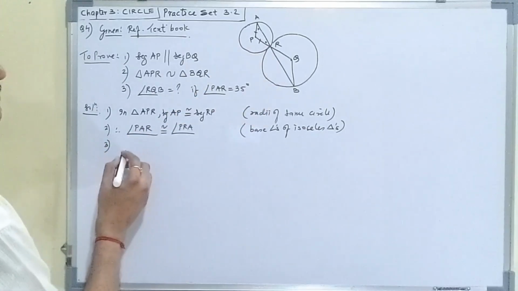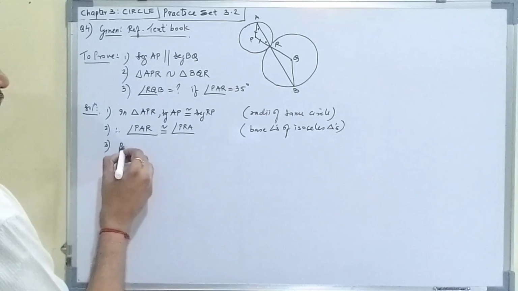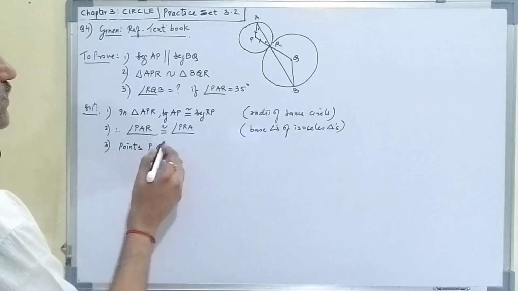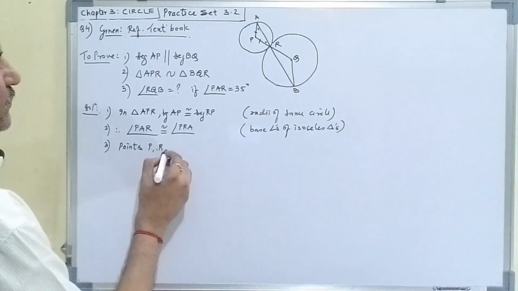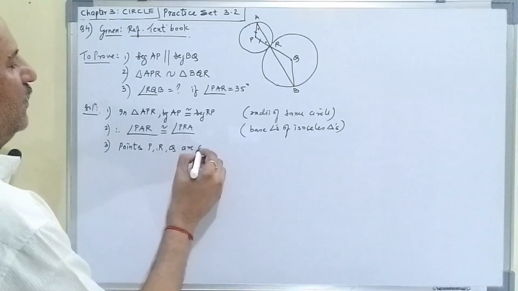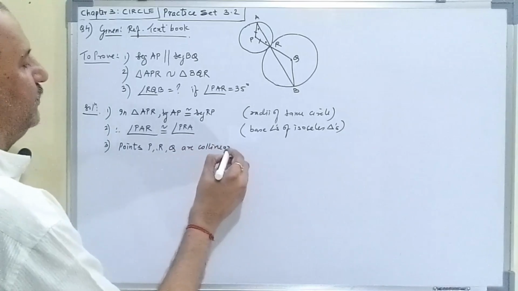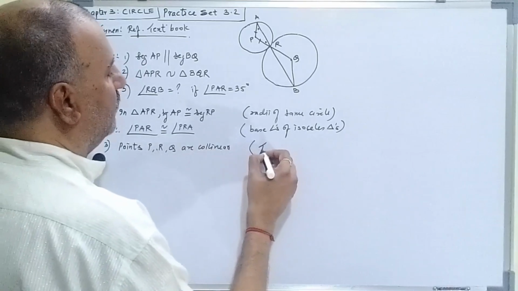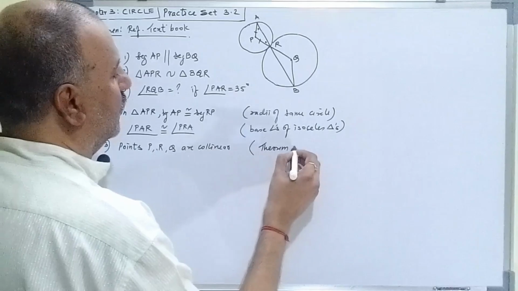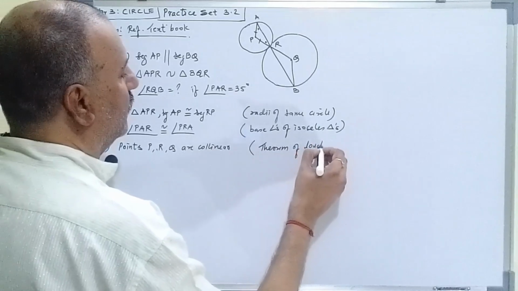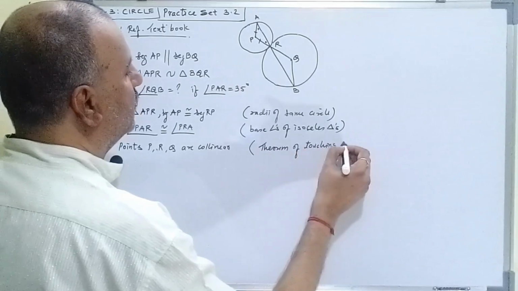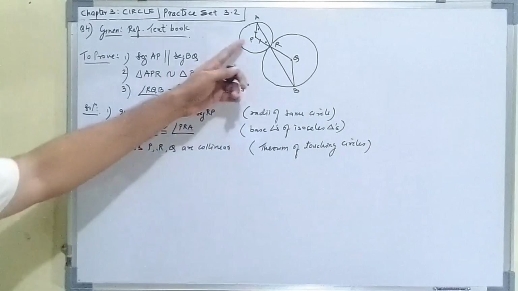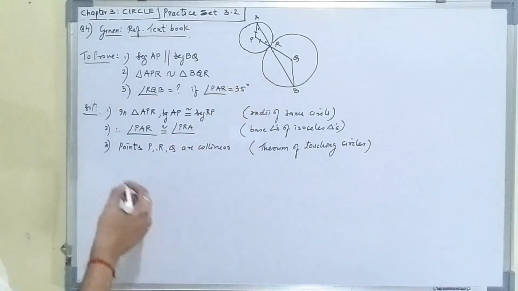See, points P, R, Q are collinear. What is the reason? Theorem of touching circles. They intersect each other externally, therefore their centers and the point of contact lie on the same straight line.